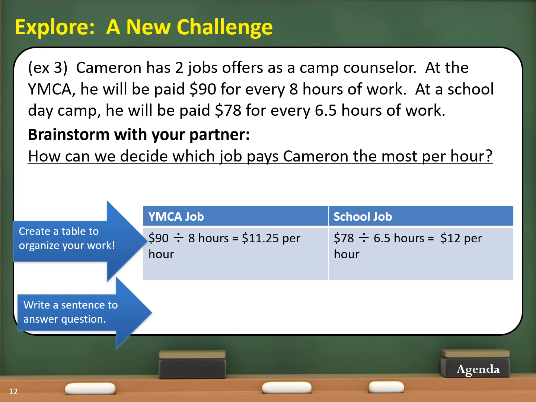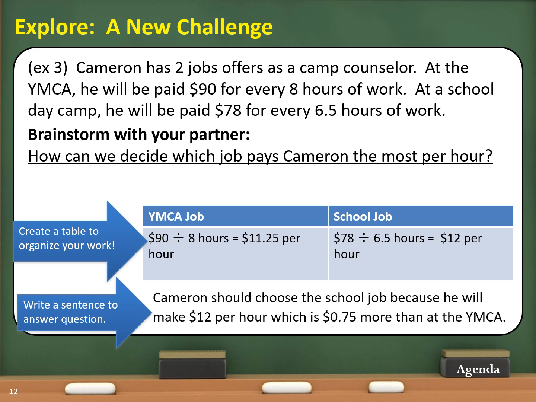But in the day camp, he can make $12 per hour. Now, Cameron should choose the school job because he'll make $12 per hour, which is $0.75 more than the YMCA.